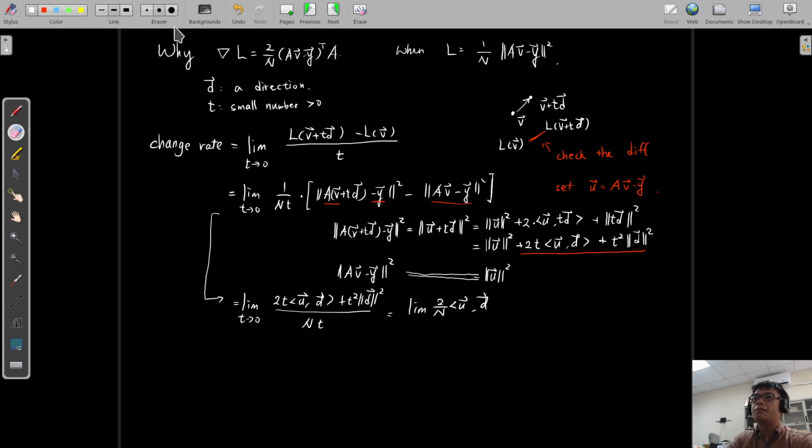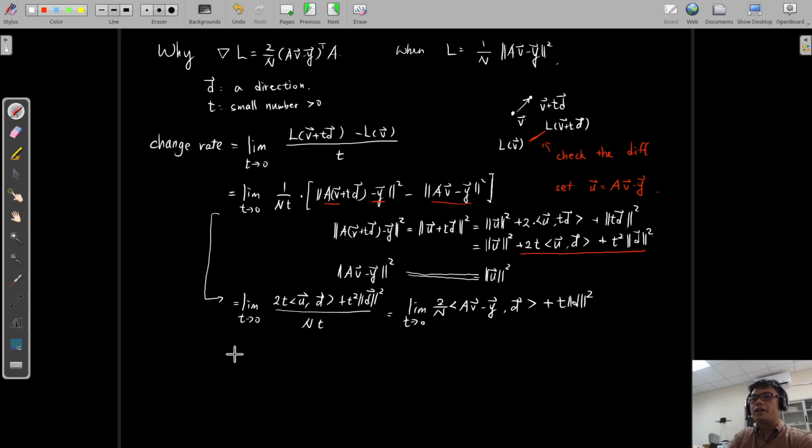And let me expand u at this moment. It is almost done. u is Av minus y and the inner product with d, and plus t d squared. But when t goes to 0, the last term will disappear.